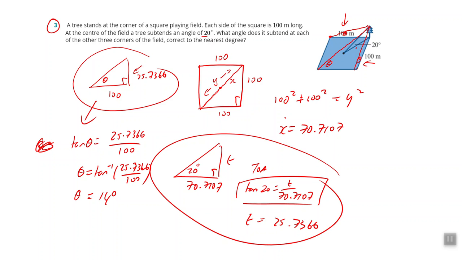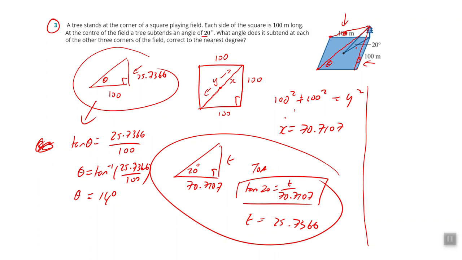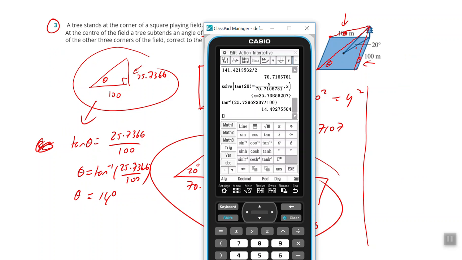Now, from the tree to the outermost edge, or the farthest point, we actually calculated what that value was. Remember how I solved for y? We actually need y. I didn't realize that, but we actually need y.